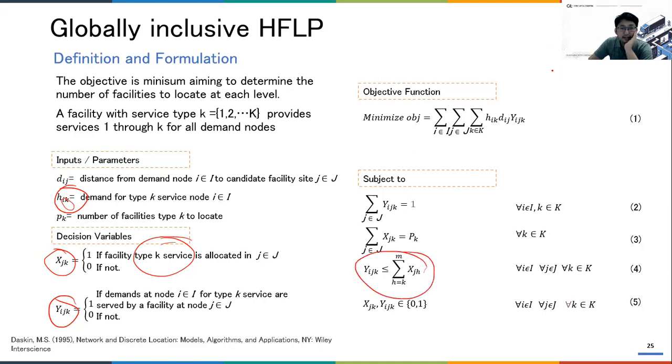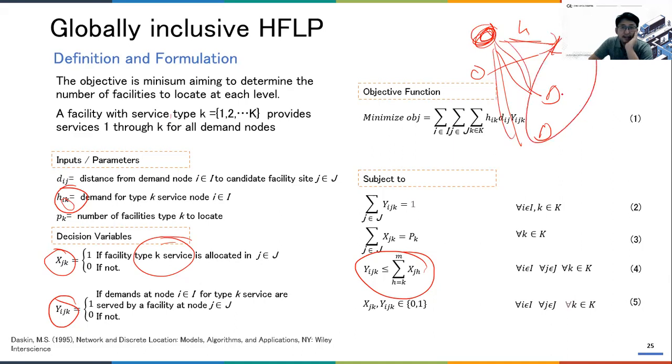But here it is assumed that each facility can serve each demand type, so this demand can be served in every facility. We assume that each facility has the full range of service from K equals 1 to M. So it is represented by this constraint.